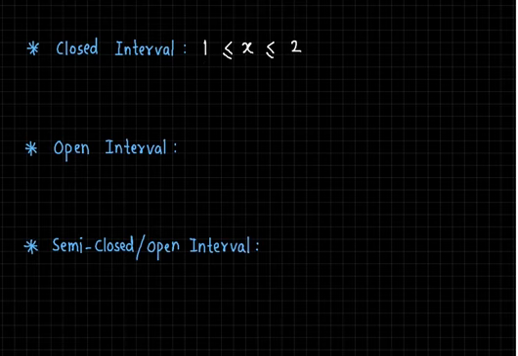That means x can take the values of the end points of that interval. So I can also say that x belongs to the interval 1 to 2, and by closed we mean that the end values 1 and 2 are also included, and the closed interval is shown by writing the two values in square brackets.